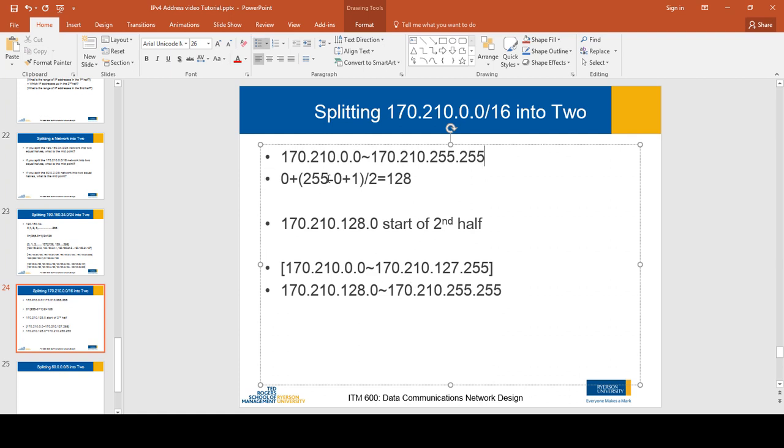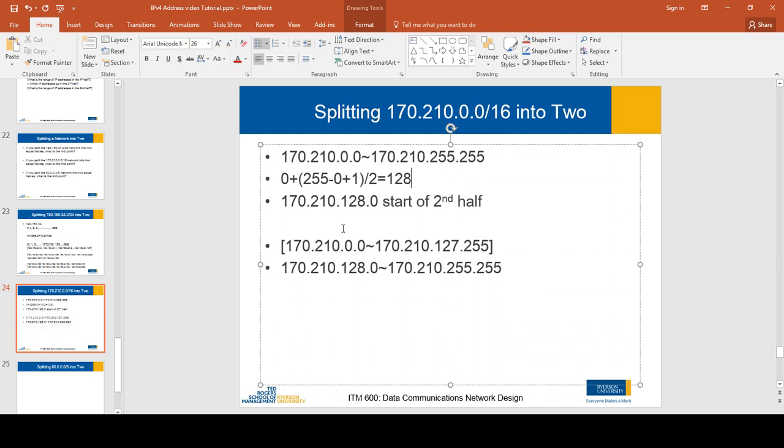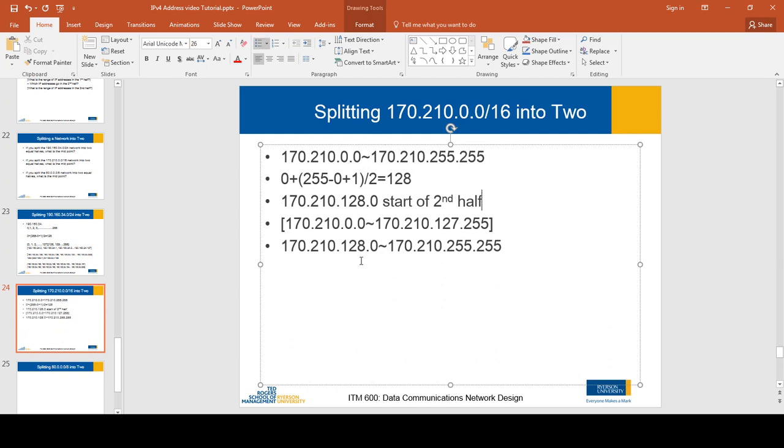Now let's split this once again. Let's split both of them once again. Okay, let's say you're given a range of IP addresses, or somehow you got this range of IP addresses and you want to split it into two. So what is the range? Look at the most significant octet where you have different numbers, it is 0 to 127.